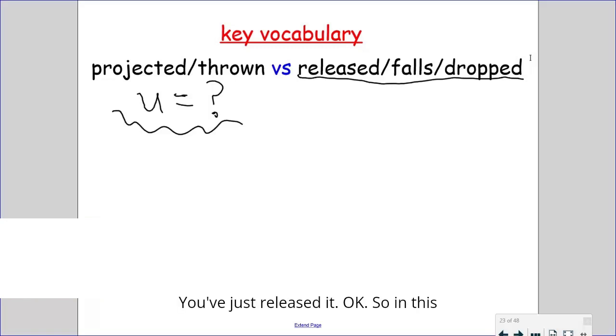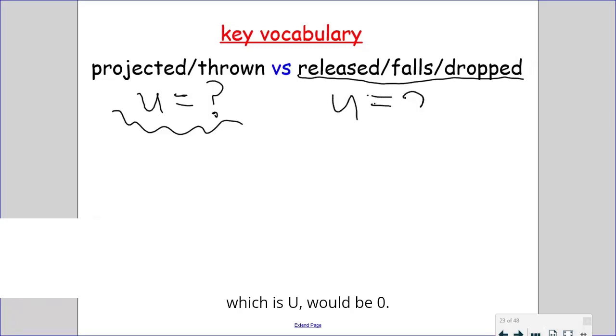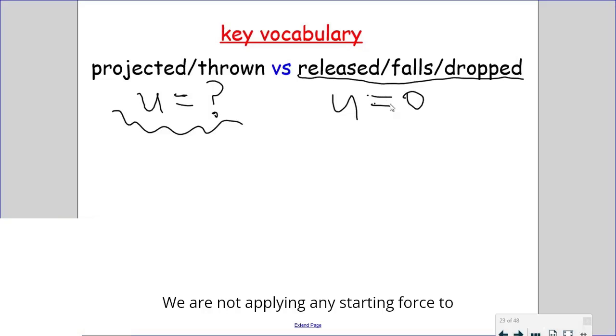You've just released it. So in this case, your initial speed, which is u, would be 0, because you're not applying a throwing force or a projection. All you're doing is releasing it in the air. So they can say an object is released or an object falls or an object is dropped. In all of these cases, u would be 0. The initial speed is 0 because we are not applying any starting force to it.